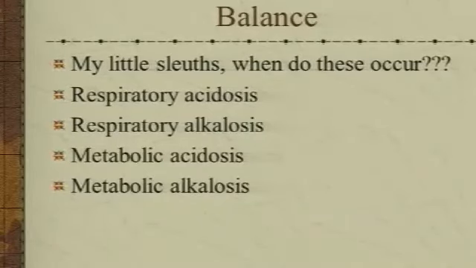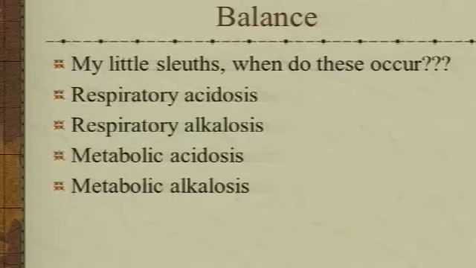If a patient is not in normal pH, and they have either acidosis or alkalosis, and alkalosis means they're too basic, when would this happen? So when would respiratory acidosis happen? Respiratory acidosis means that for some problem in the lungs, we are becoming more acidic.